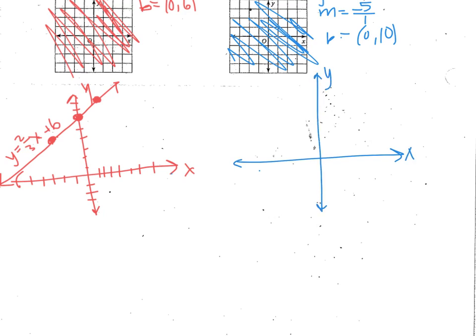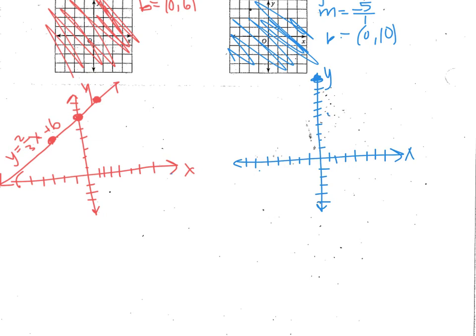So y, x, make some dashes. All right, here we go. I'm going to start by putting a dot at 10. That's right up here. Now the slope is negative 5 over 1. So that means to go down 5, right 1.